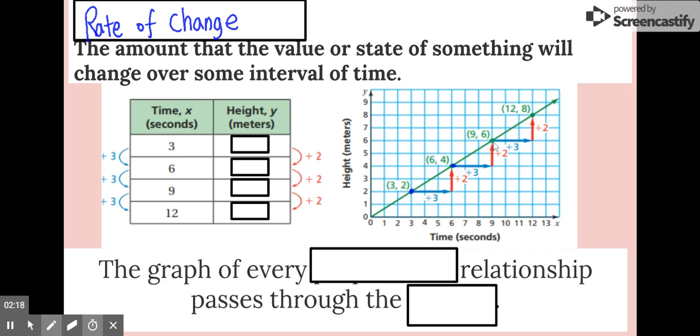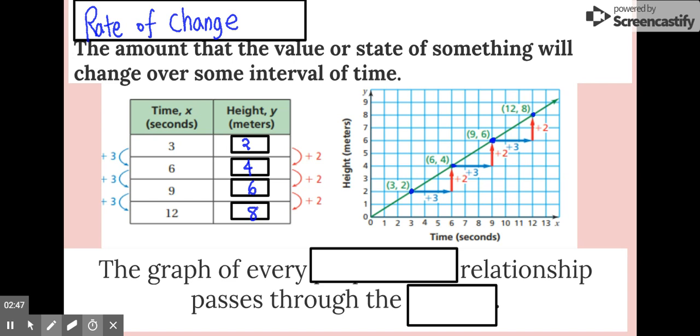And for each time, let me just put the height of a tree or height of anything. So let's say at 3, the height is 2, and what is the height for 6 seconds? It's 4 meters, and for 9 seconds, 6 meters, and for 12 seconds, it's 8 meters.